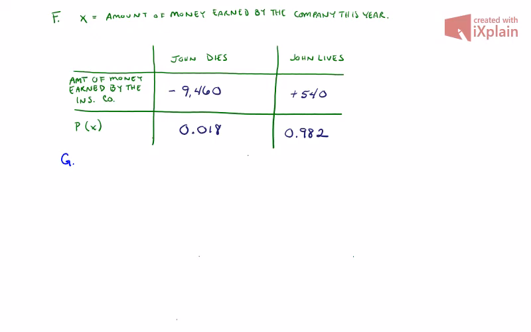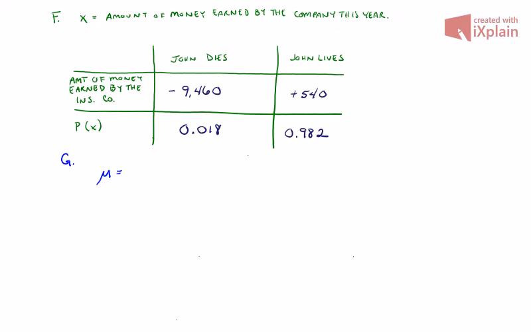So question G, what is the expected value of the amount of money that the insurance company will earn this year on this policy? Okay, so remember that the expected value, we use the Greek letter mu to denote it.